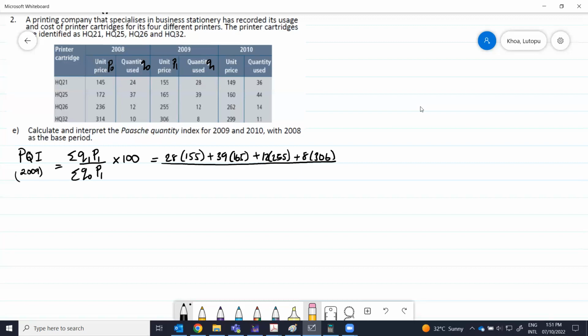Then Q0 times P1: 24, 155, 37, 165, 12, and 255, 10, and 306. Okay, this will multiply by 100.